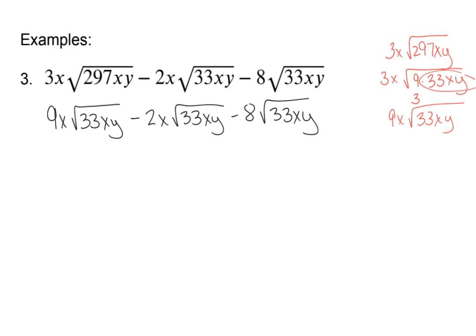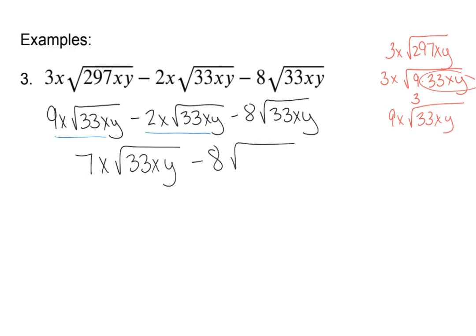So even though the roots all match, this guy's number out front is not a like term with these guys. But these two are good to go. So let's put those two together. So this guy matches up with this guy. We're going to be able to put them together. I have 9x minus 2x, so that's 7x of those roots. And then I still have this negative 8 of those roots.